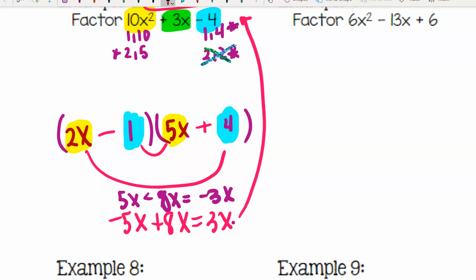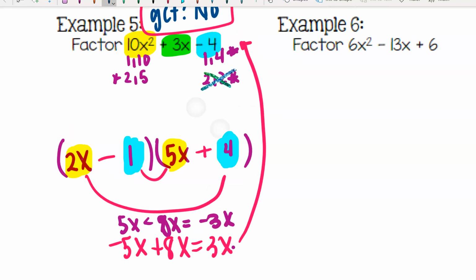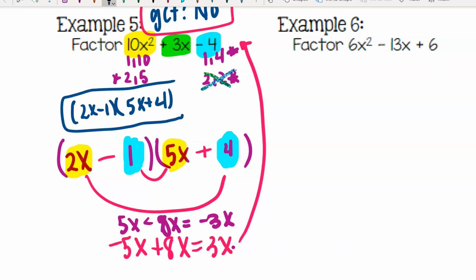I know that my blue highlighted boxes will give me 4. What I'm concerned with is the middle term that's in green, and I got that when I switched my signs. So my answer here should be 2x minus 1 times 5x plus 4. And if you notice, I do not have any GCFs. I don't have anything else that I can factor.